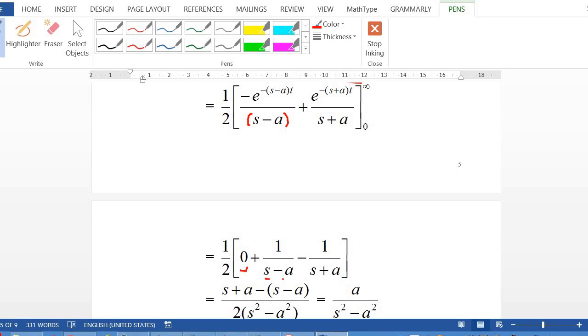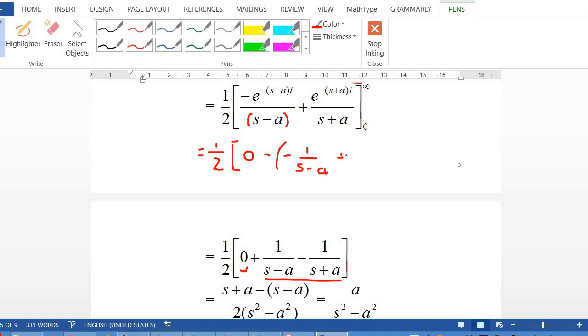And then this is the result of substitution of the lower limit: minus, when you substitute t by 0, exponent 0 is 1, so we have negative 1 over s minus a.